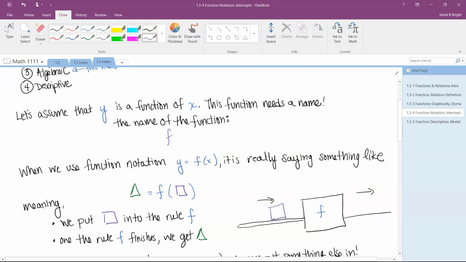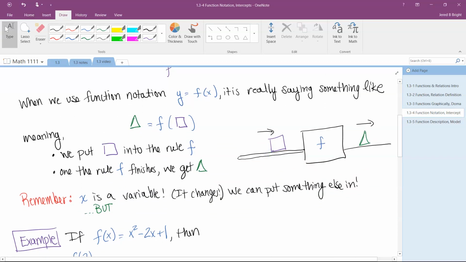You have square to start with, then you put it into this rule, and out of that you get triangle. That's talking about inputs, outputs, domain, and range ideas. Square and triangle are symbols, they can change, and that just means we can put something else in if we need to.